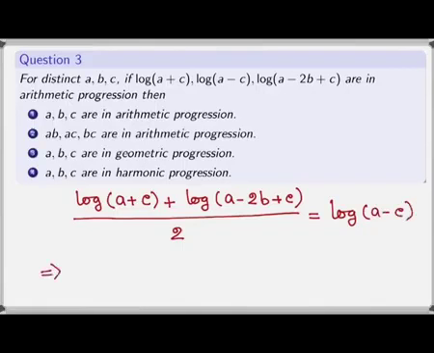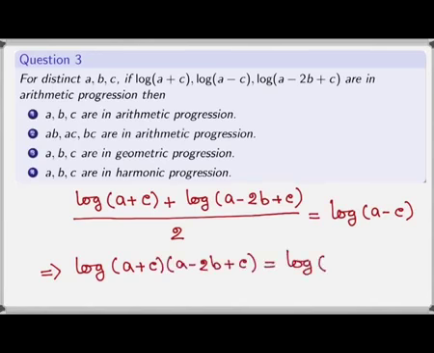That means log of a plus c into a minus 2b plus c is equal to log of a minus c whole square. Now exponentiating this equation, we get a plus c into a minus 2b plus c is equal to a minus c whole square.